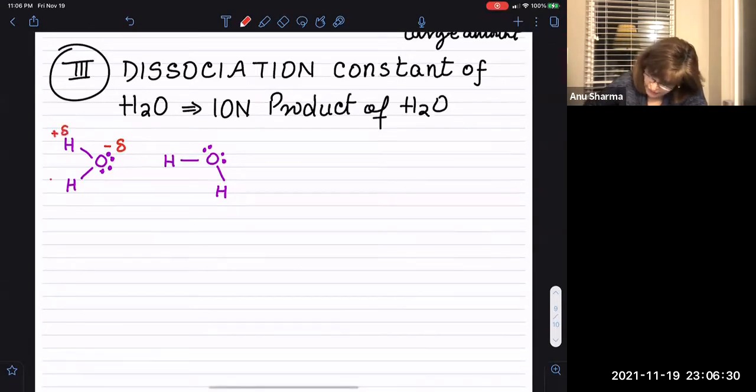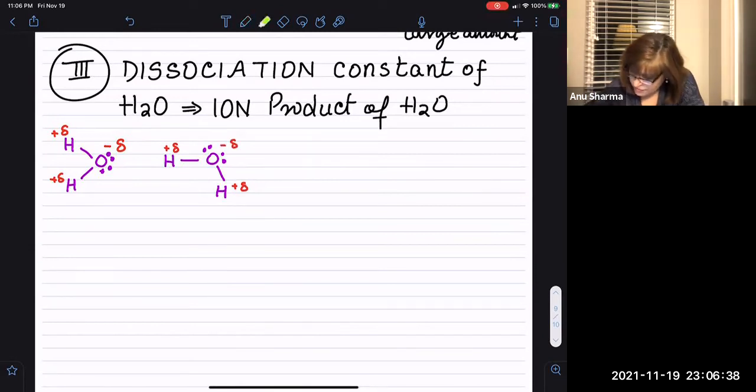Hydrogen, delta positive. Hydrogen, delta positive. Oxygen, delta negative. And with that, we have these lone pairs. So what happens? This oxygen lends its lone pair to this hydrogen, and this bond breaks.